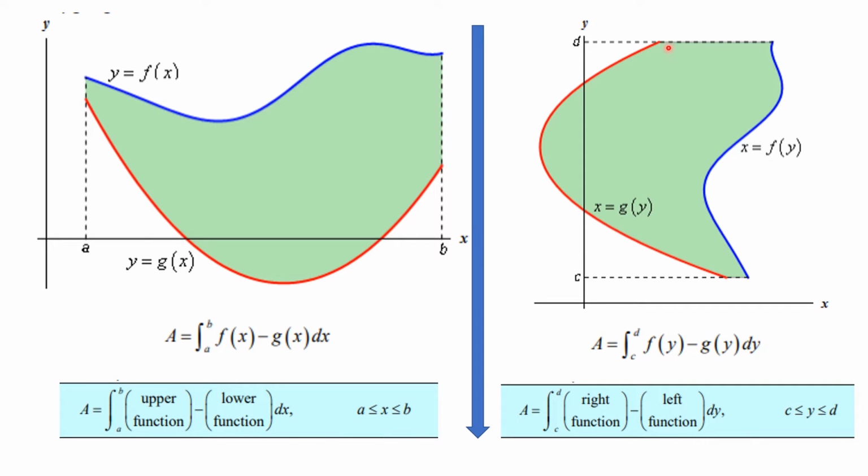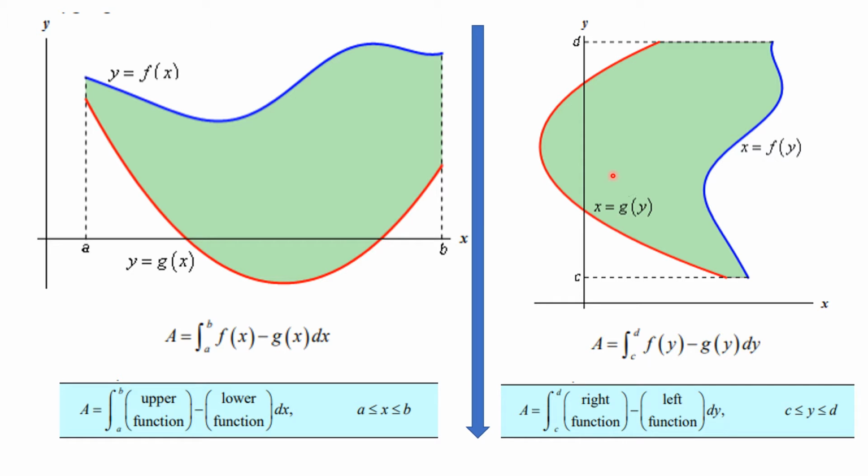We could also have a situation where we have a green area over here where we do not have y being a function of x, but x is a function of y.